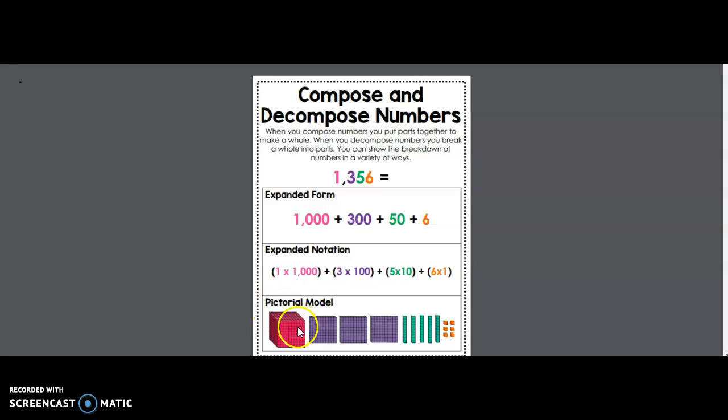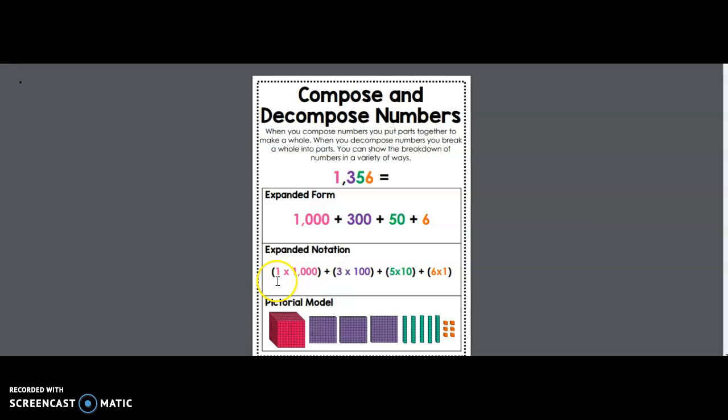The pictorial models, this pink is 1,000s cube. The purple squares are your hundreds blocks. The teal colored or green colored rods are your tens rods, and the orange little cubes are your ones cubes. So these are all the different ways that you can represent the number 1,356.